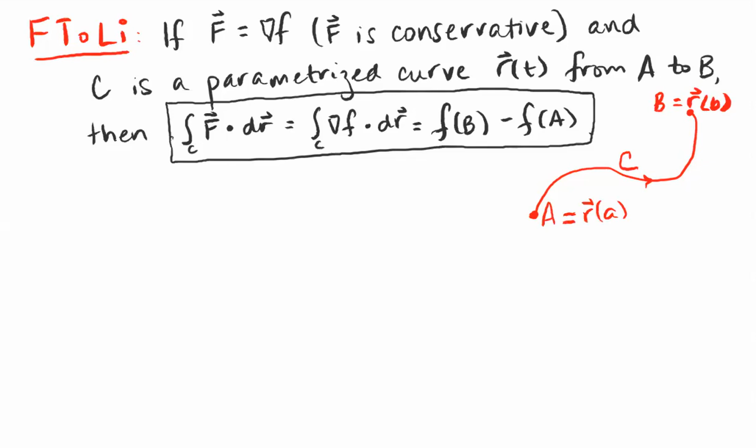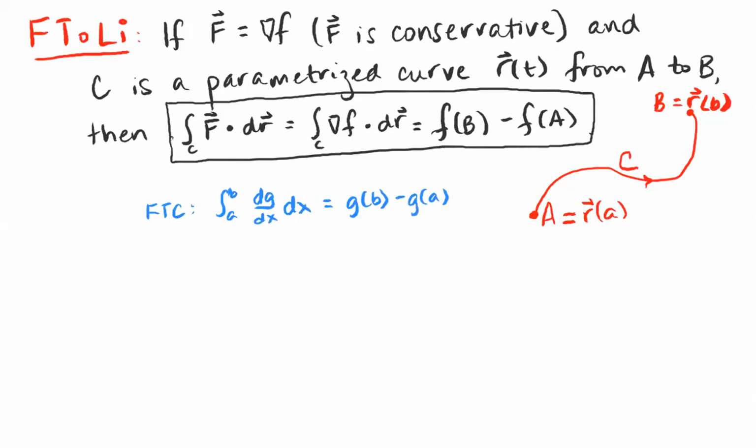And if you look at this rule here, this is actually very similar to the fundamental theorem of calculus, right? For the fundamental theorem of calculus, we would say that the integral from a to b of, let's say, a function of x, call it g, g prime dx, the derivative of g with respect to x, would equal g of b minus g of a. So this is analogous to that.